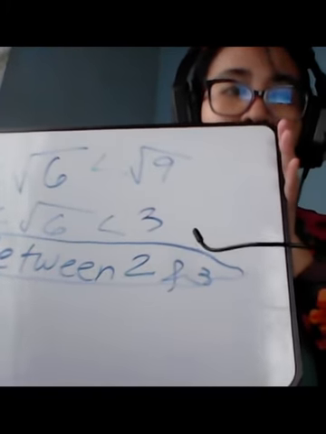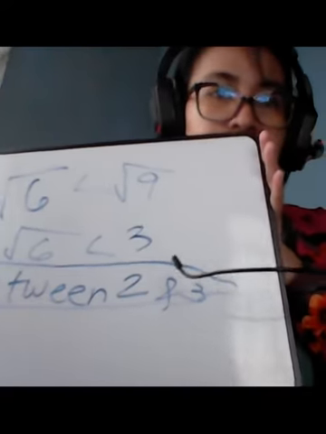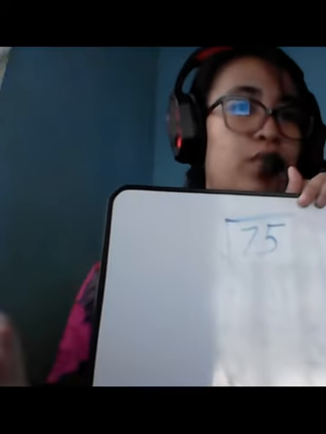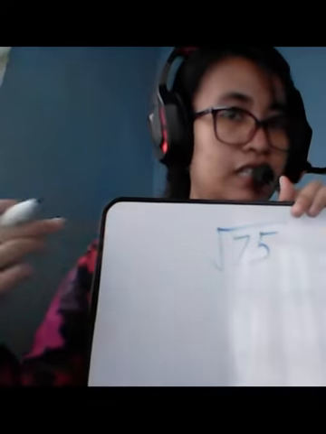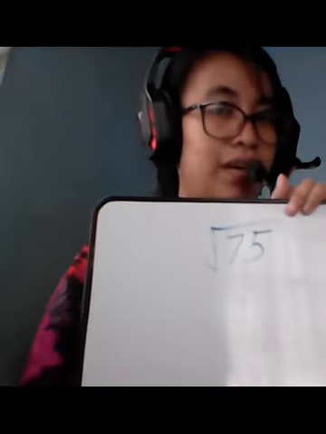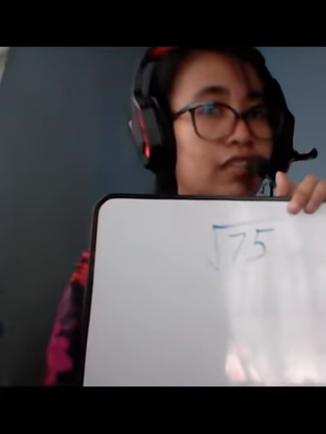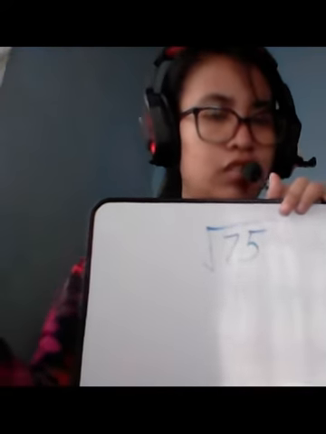How about the square root of 75? Again, we will think of a number that is less than 75 and a number that is greater than 75, then find its square root. Make sure that the square root of it is a consecutive integer.